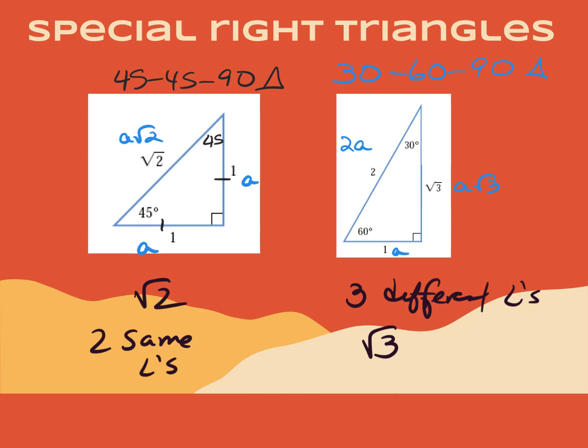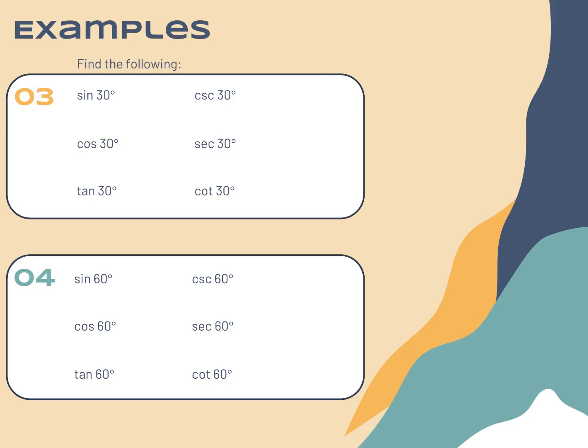All right, the next slide is expecting you to use the special right triangles and find the value of the 6 trig functions for the 30-degree angle and the 60-degree angle. This was actually a test question for my geometry class, and they could not use a calculator.